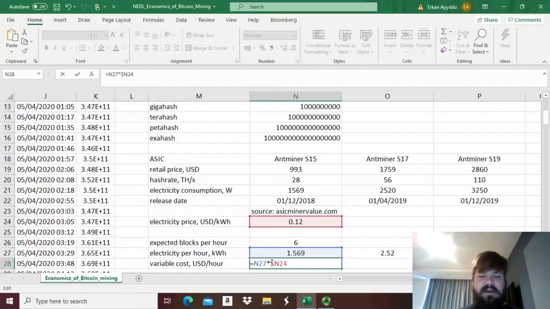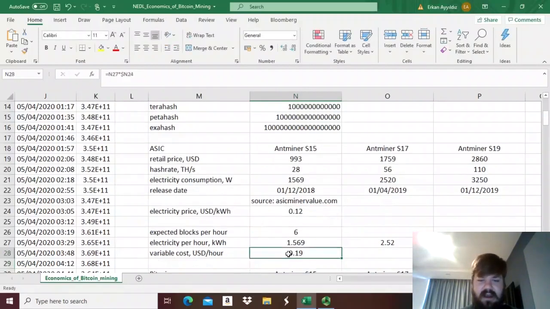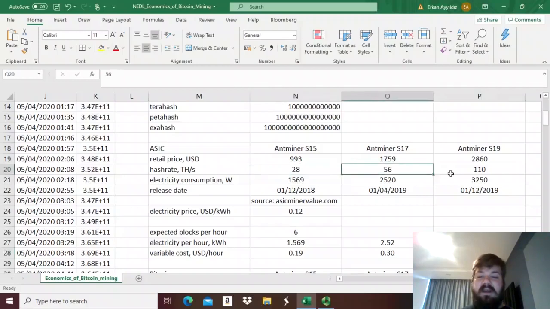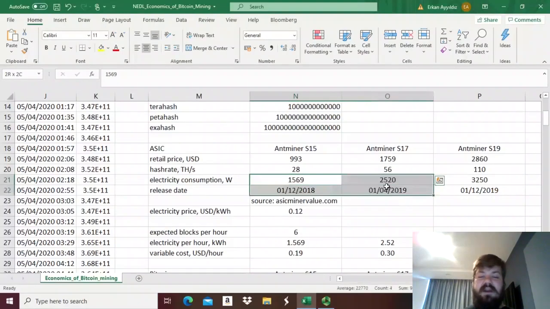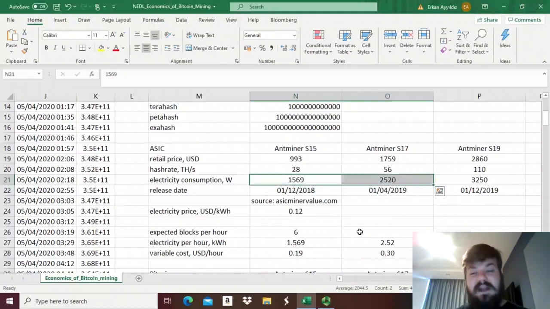So we just lock the column because electricity price stays the same, and we can see that buying a more advanced piece of mining hardware gets you a higher variable cost, but that corresponds to ultimately a much higher hash rate. For example, between Antminer S15 and Antminer S17, the hash rate doubles, while the electricity consumption does increase, obviously, but not to that great of an extent.